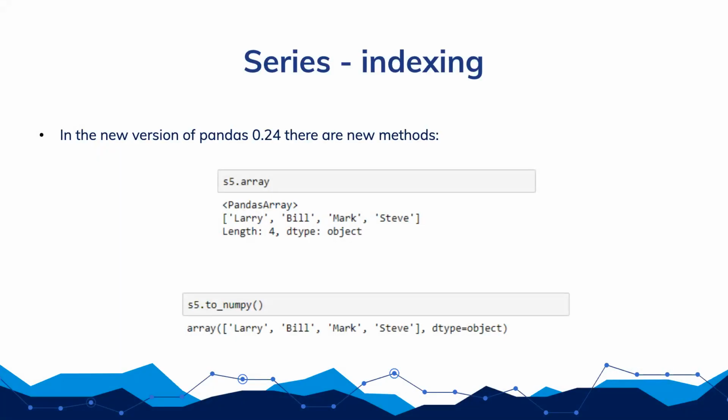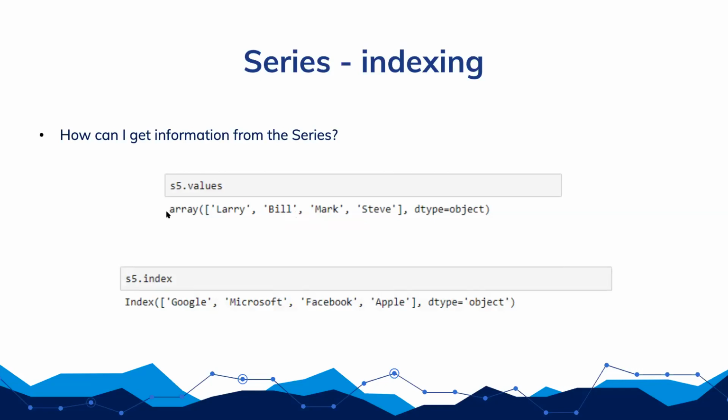So in this new version of Pandas, they implemented two new properties. Just to give you context, when you use values, we create an array, but sometimes you create a Pandas array, and other times you create a NumPy array. You never know which one you created.